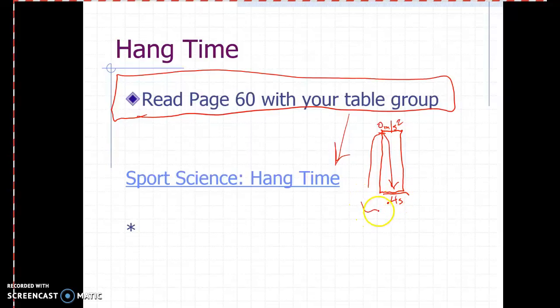That would be like you jumping from a platform at whatever height we're trying to solve, right? It would take you 0.4 seconds to get from your peak height to the ground.